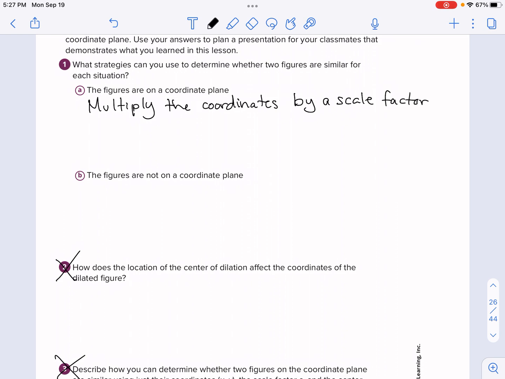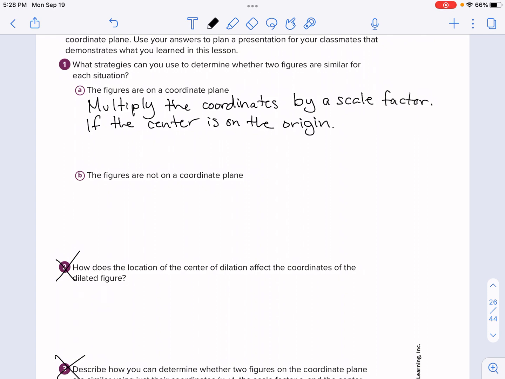Like if the scale factor was 3, we multiplied the x and the y value by 3. Multiply the coordinates by a scale factor, and that would be in order to get the other coordinates as well. But this is only true if the center of dilation, we'll just say center, is on the origin. That's the only thing you can use that for.